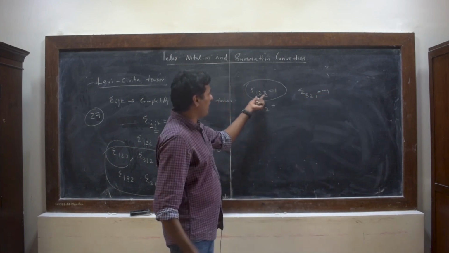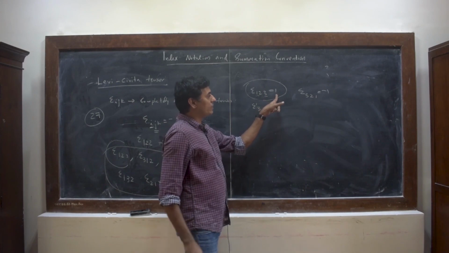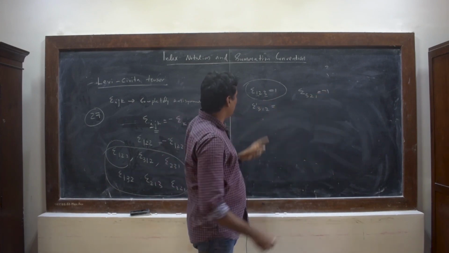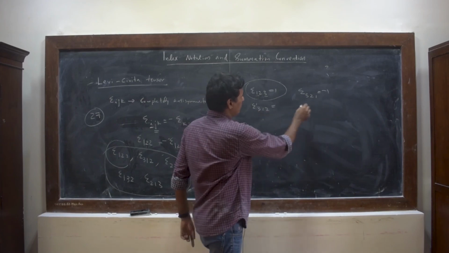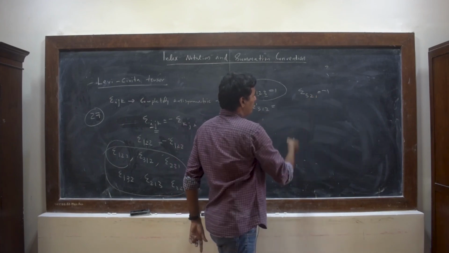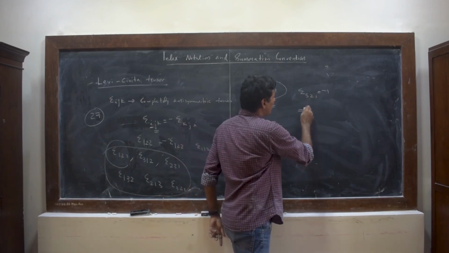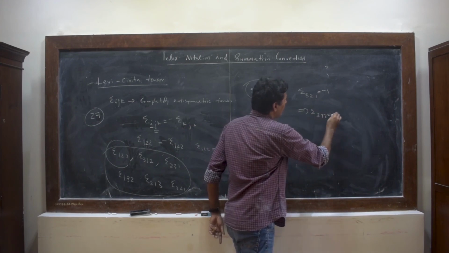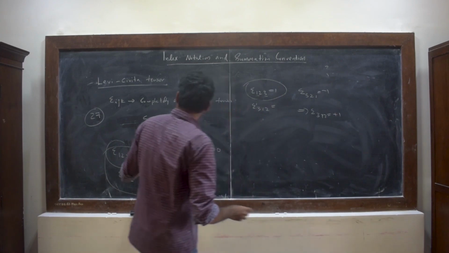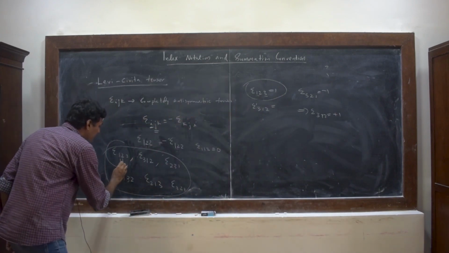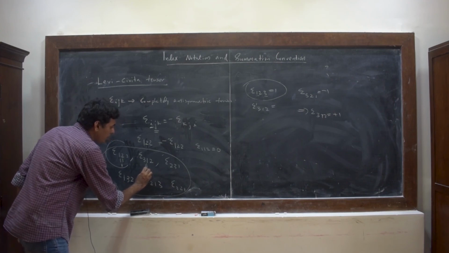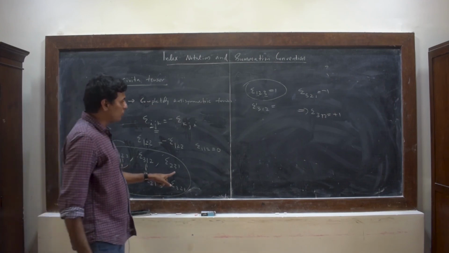If I exchange these two, there will be a negative sign. So epsilon 321 is minus 1, and then what I need is epsilon 312, so I need to do one more exchange, so epsilon 312 is going to be plus 1. And epsilon 312 is also 1.